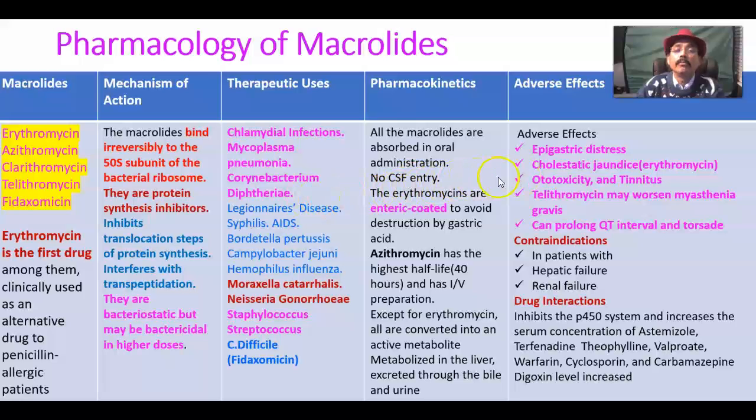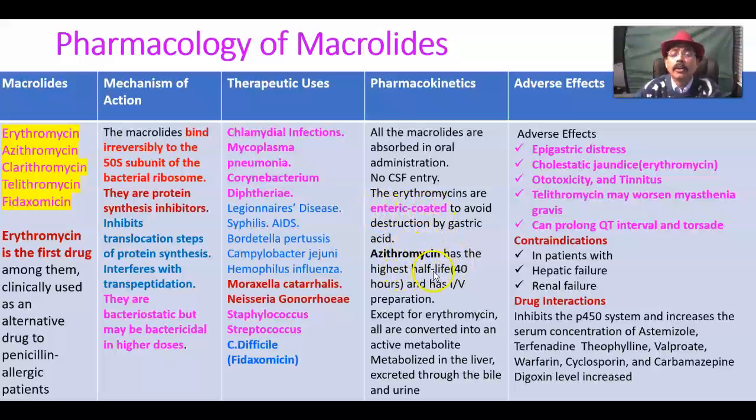Erythromycin is enteric-coated because it is vulnerable to gastric acid, the hydrochloric acid, because it contains acetylate salts. Other macrolides are not destroyed by gastric acid, only erythromycin. So it should be given as an enteric-coated tablet.